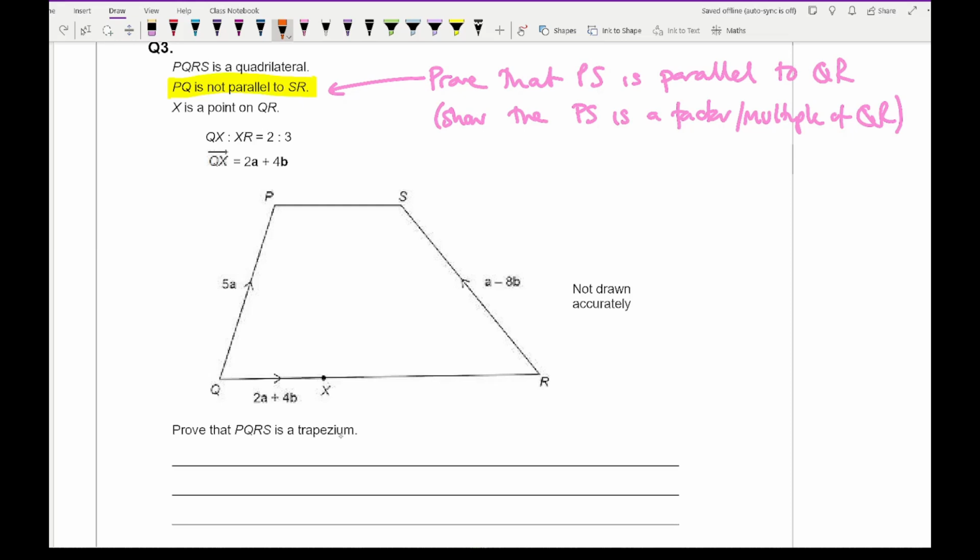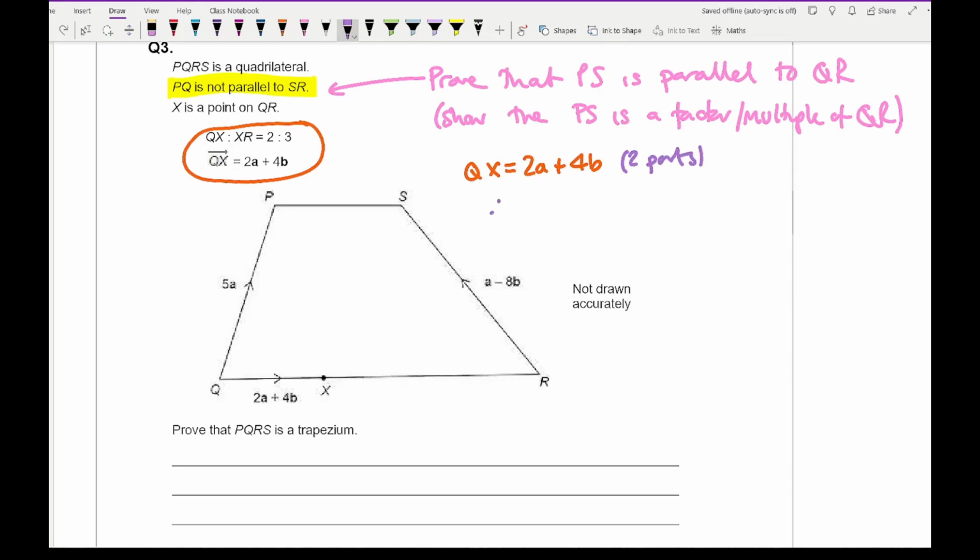So for this, let's first of all work out, using the information we've got here, that QX to XR is in the ratio of 2 to 3. Now we know that QX is 2A plus 4B, and looking at the ratio, that is equal to 2 parts.